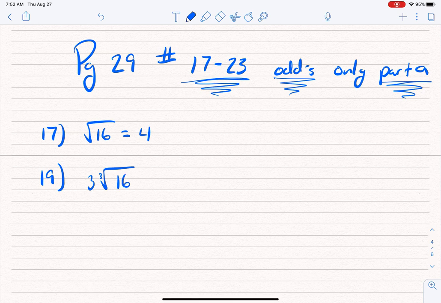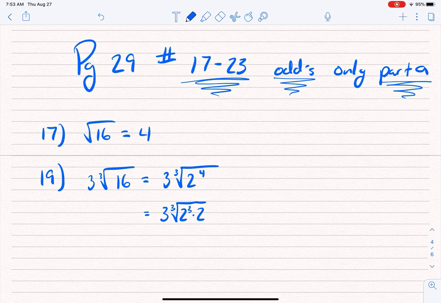At least this one's a little bit more complicated. So you think about, well, what is the cube root of 16? Well, I don't know what it is, but I know that this simplifies down to 3 times the cube root of 2 to the 4th power, because that's what 16 is. I could simplify that down to 3 times the cube root of 2 to the 3rd power times 2.